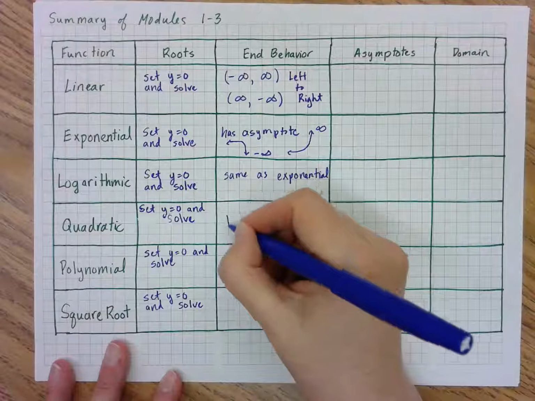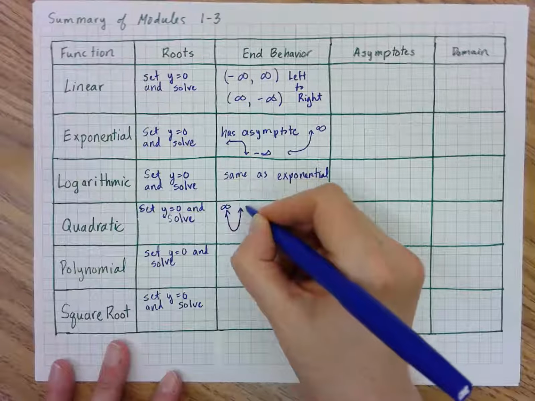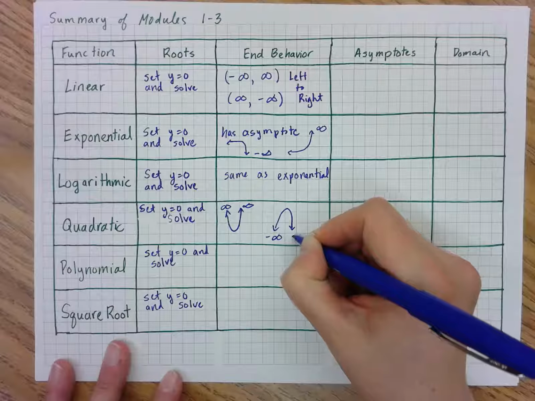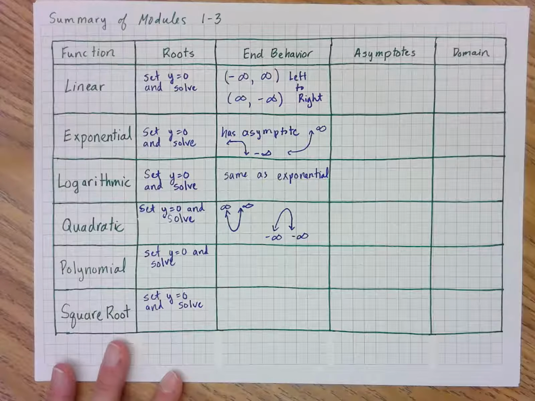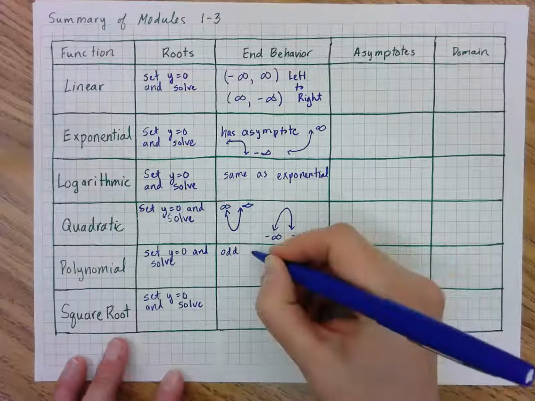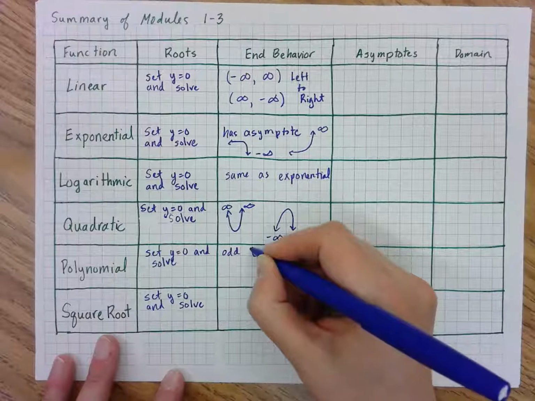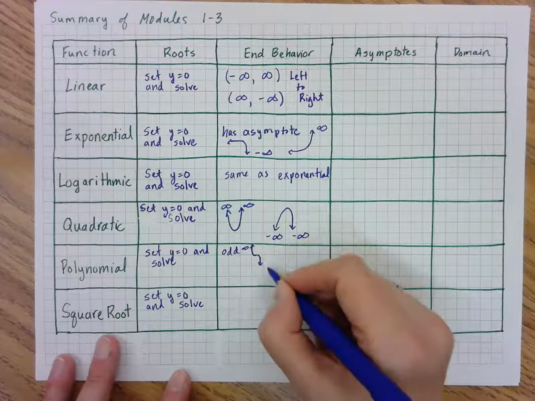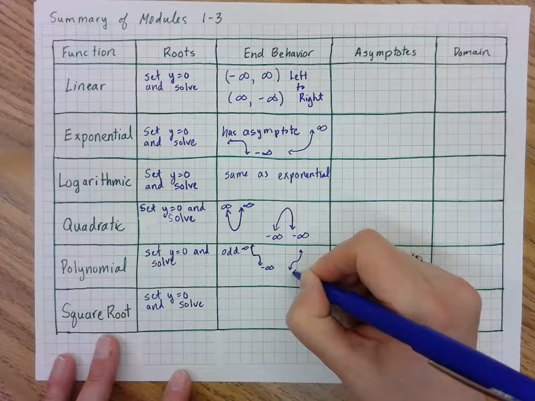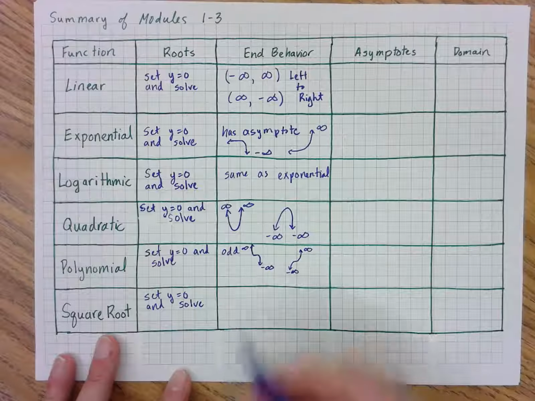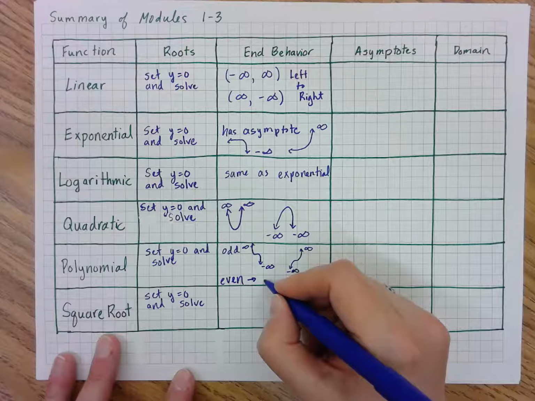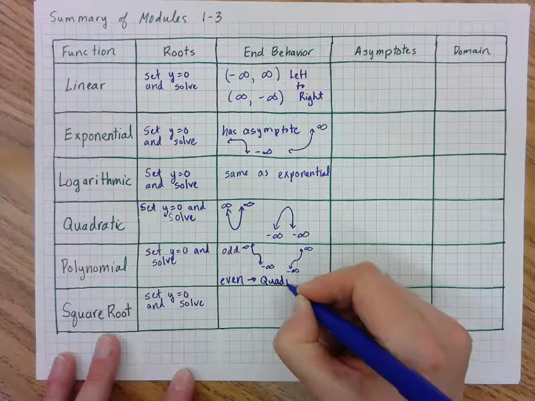Quadratic, either we have both ends being positive infinity or both ends being negative infinity. Polynomials, if I have an odd polynomial, and we'll make our simplest one, I can have a positive infinity and negative infinity, or going the other direction. Negative infinity, positive infinity. And if it's an even function, then I would have the same behavior as quadratics.